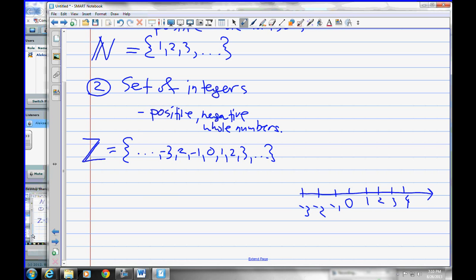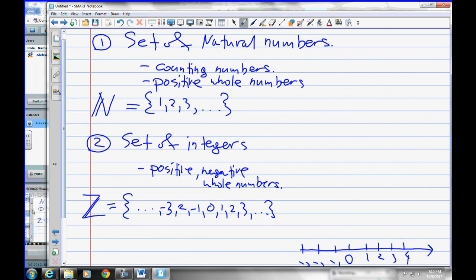Now please notice how every natural number is also an integer. So we say that the set of natural numbers is a subset of the set of integers. Every element in here also belongs in there.